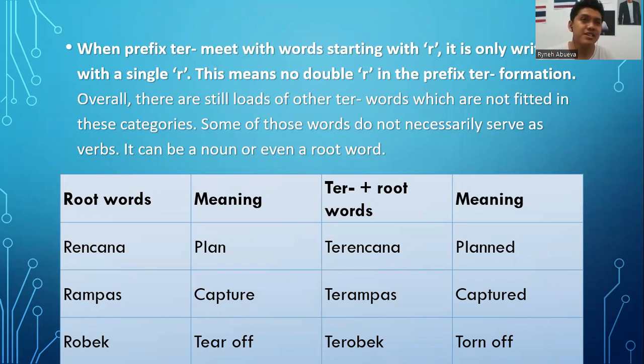Give at least 5 words using the prefix ter, and make them into sentences. Now, do not forget also to add an English translation if you do not understand the sentence that you write.